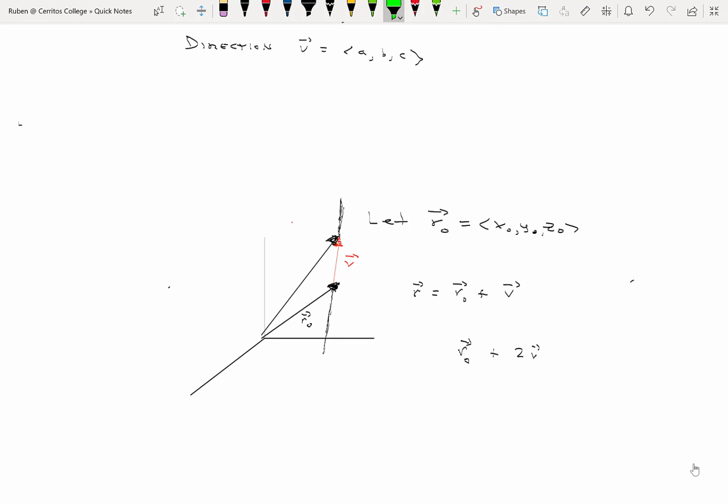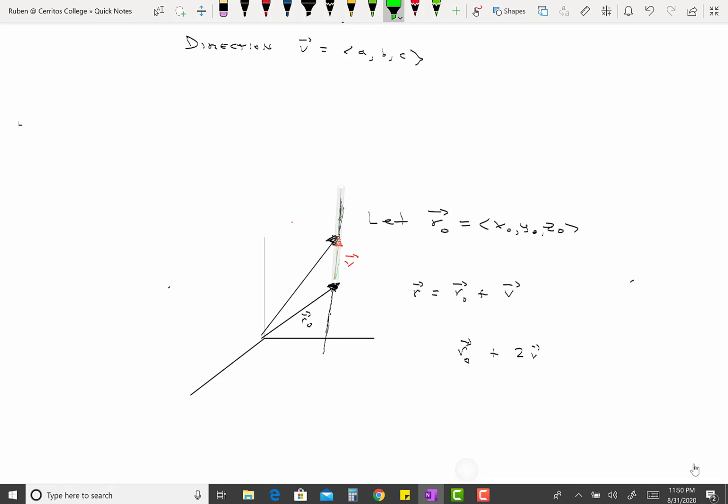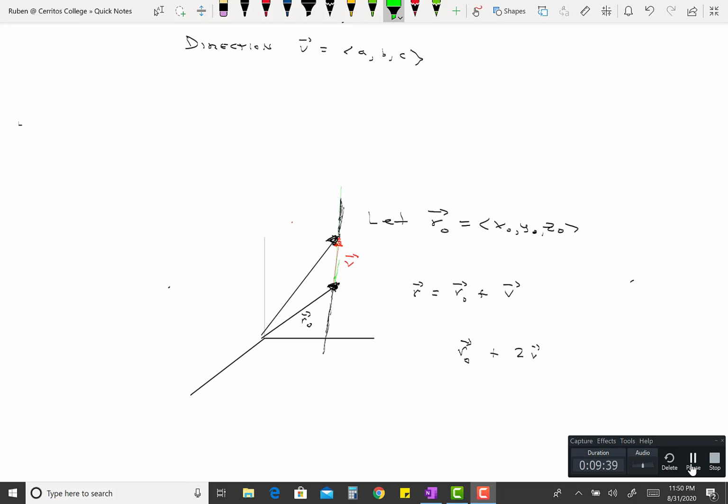So 2v will go from r naught, oops, I lost my line, will go from r naught and stretch out 2v in distance. I'm going to have to fix that off camera here.